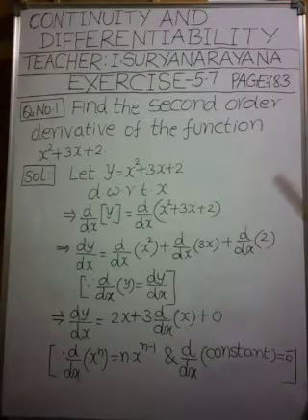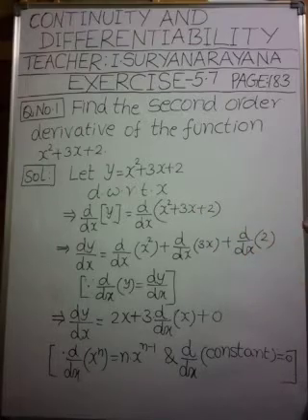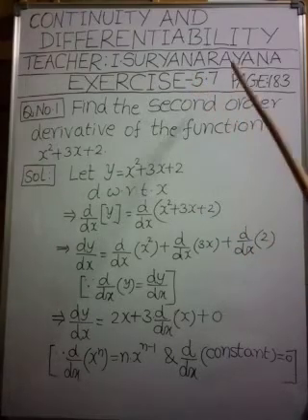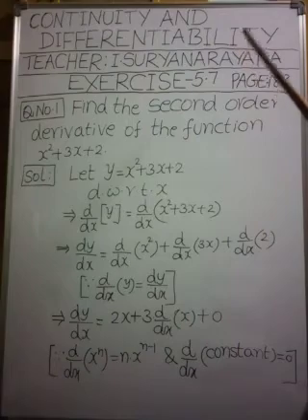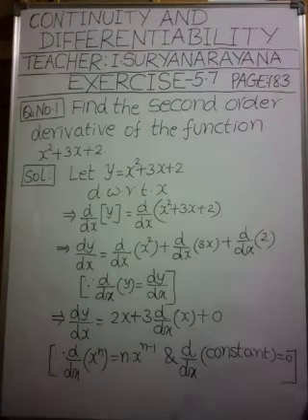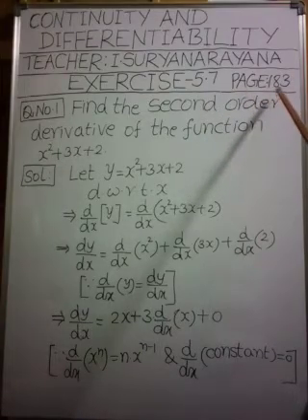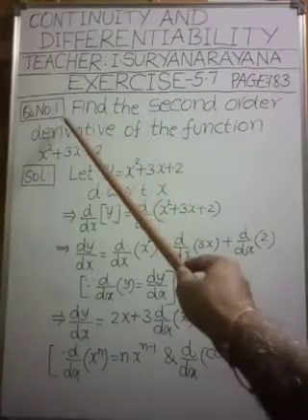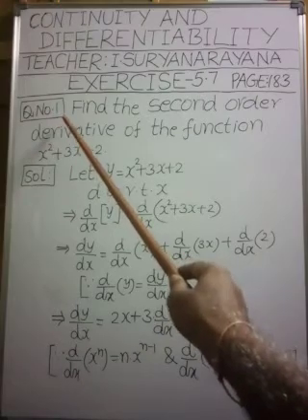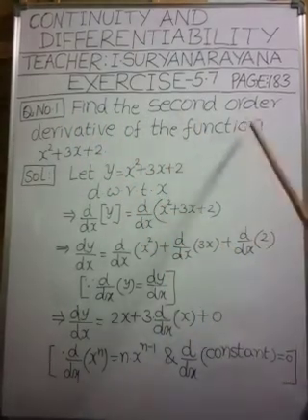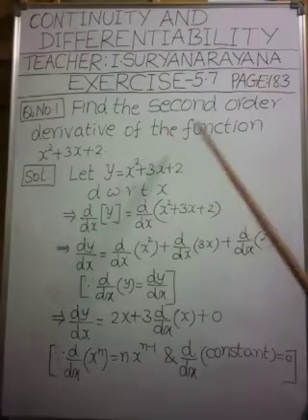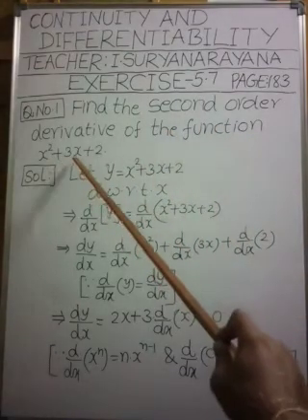Now come to the sums in exercise 5.7. We can start the sums in exercise 5.7. Page number 183. See the question number 1. First question. Find the second order derivative of the function x square plus 3x plus 2.